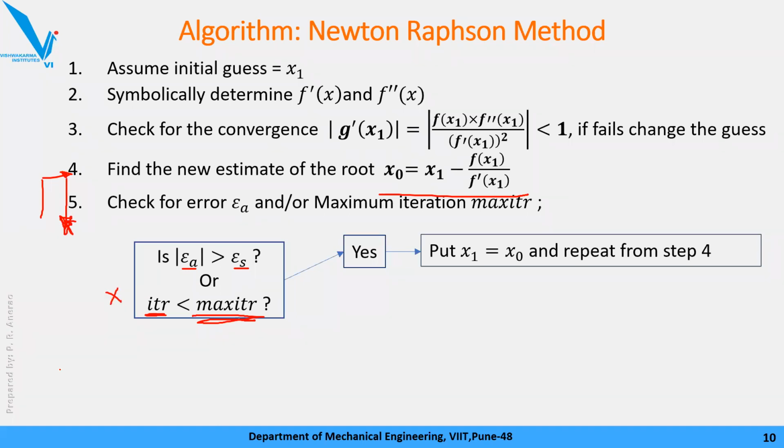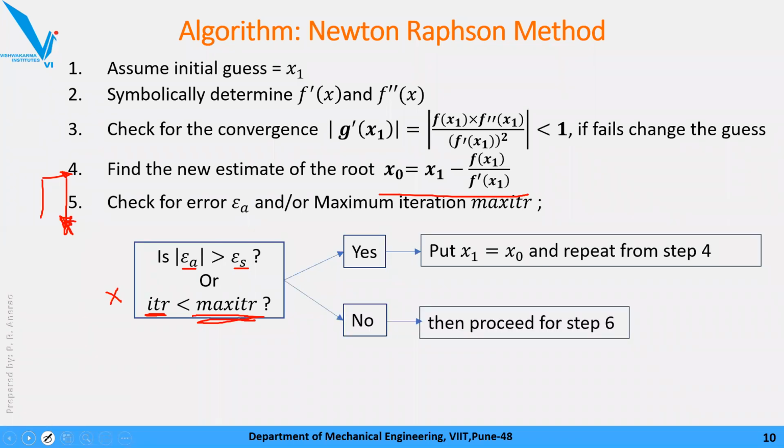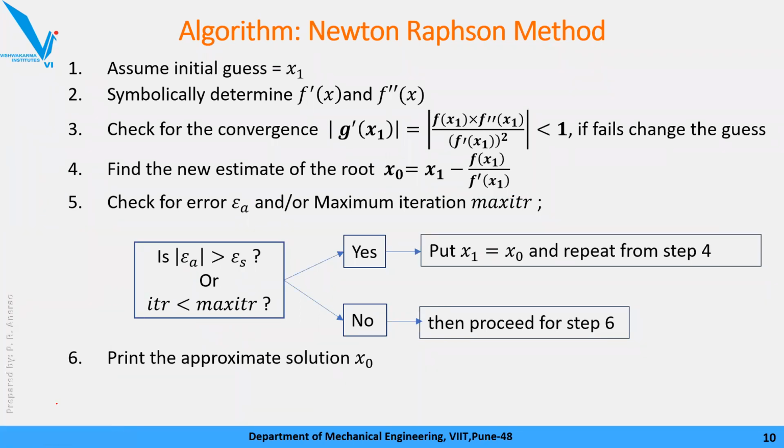Break this loop means after some time we might achieve accuracy or we might reach the maximum number of iterations. If these conditions are not satisfied, that means we have reached the limit. Terminate the algorithm and go to step number 6, that is nothing but print your answer. So this is your algorithm for the Newton-Raphson method.